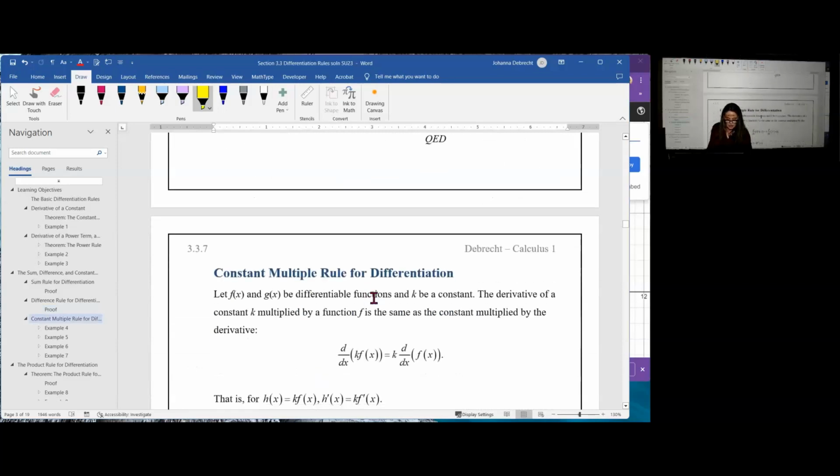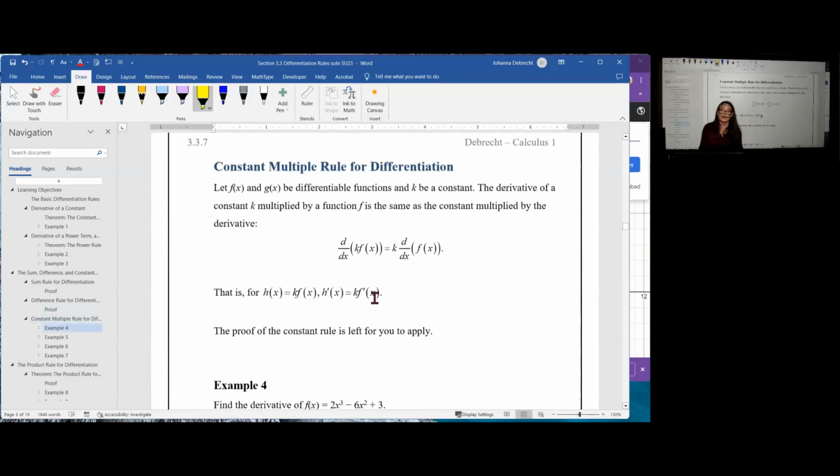Let's now take a look at the constant multiple rule for differentiation. I've already used it once today when I took the second derivative of x to the 7th.